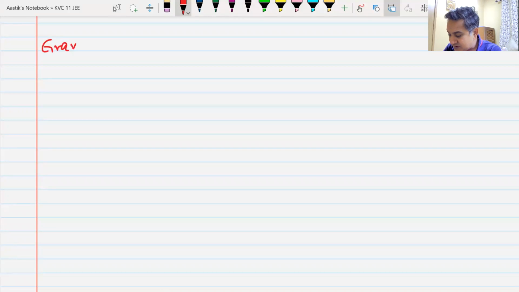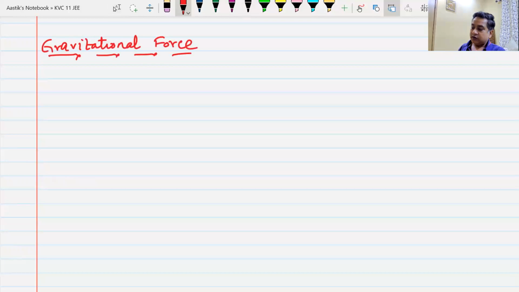We will not go into much detail about this, because there is a chapter completely dedicated to gravitation. So we will be doing this gravitational force in that chapter. Right now, we just must be concerned about what we are going to use in this particular chapter.